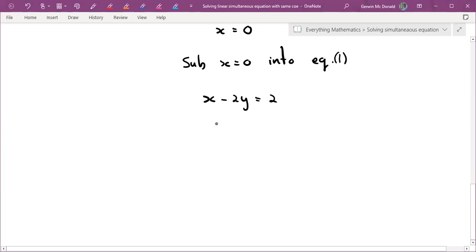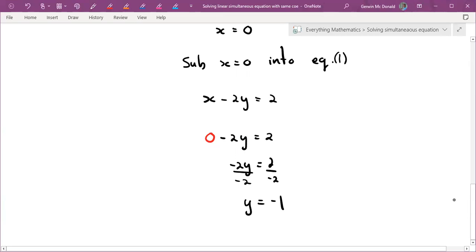So instead of writing x, I just put 0 and I continue. Minus 2y is equal to 2. And here we just divide by negative 2. This is the same as really saying negative 2y is equal to 2. And if we divide both sides by negative 2, we will end up with y is equal to negative 1.